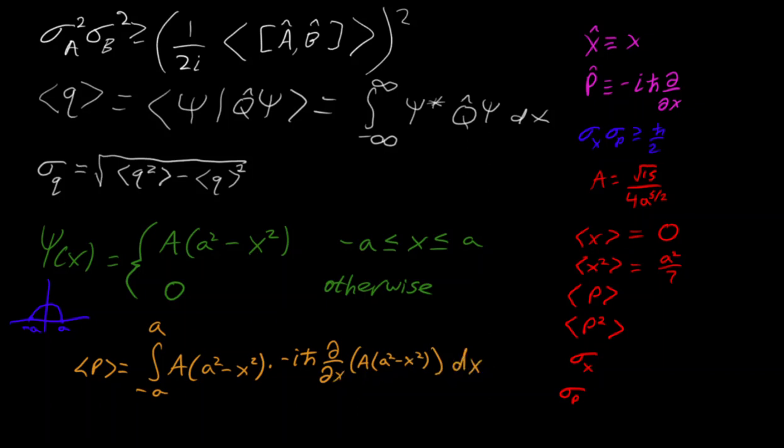Okay, and hopefully this integral makes sense as times minus. You could bring the minus out front, but I just wanted to show you the whole work. If you do that, the expectation value of momentum, this integral, is also going to be 0.